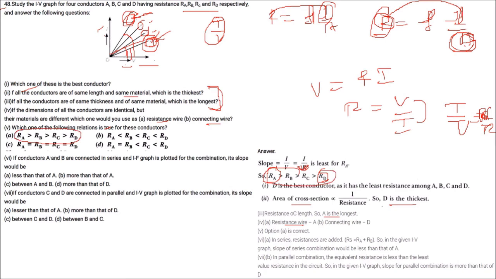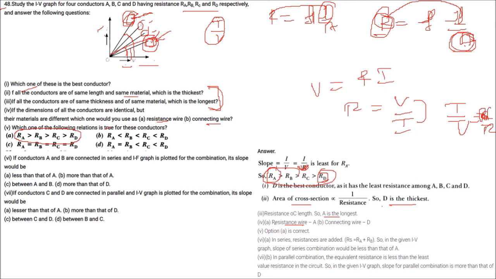Now if conductors A and B are connected in series and this graph is plotted for the combination, what would its slope be? In series, the resistances are added, that is, R will be equal to R1 plus R2.